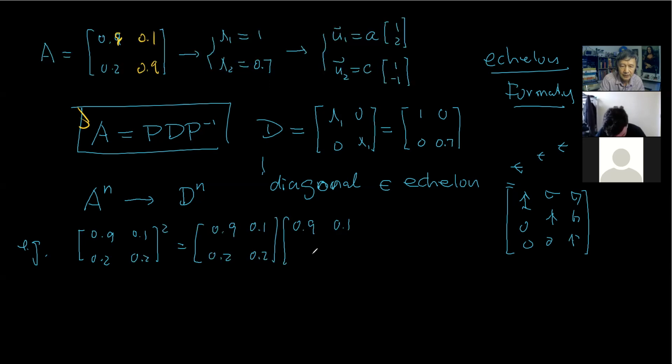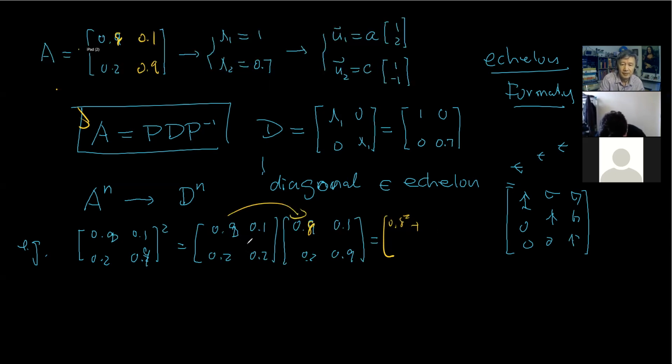So 0.9, 0.1, 0.2. Hang on, is it 0.9 here, 0.9 here? Okay, 0.8, that's right. So that's going to be 0.8 squared plus, and that's going to go there.